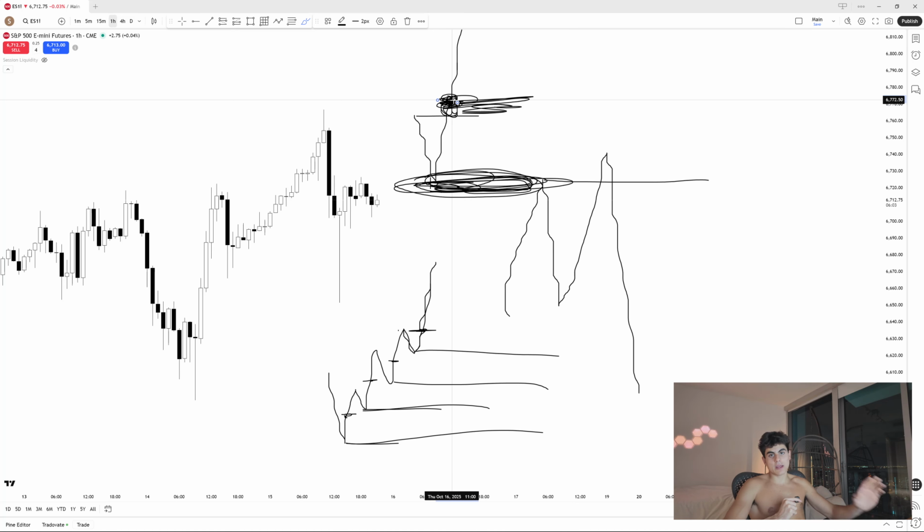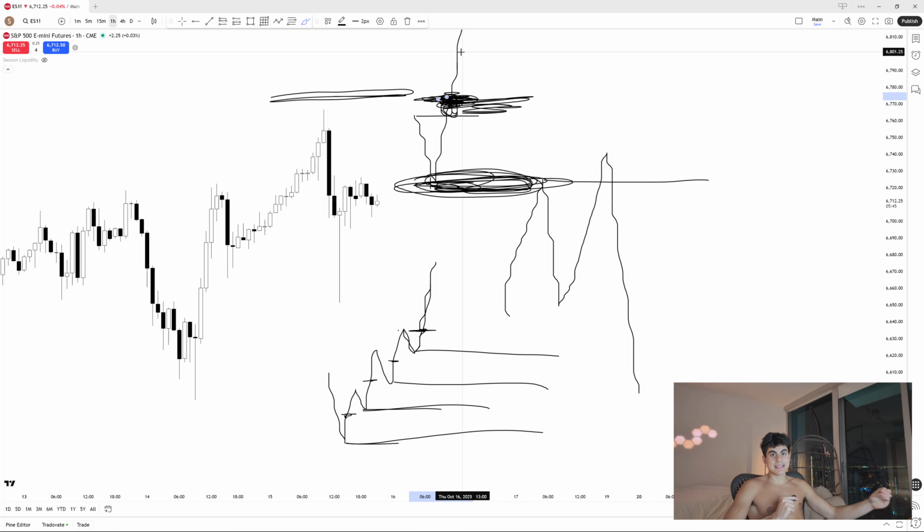In order for someone to buy, someone has to sell. So if they want to buy $1 billion here, someone or many people collectively have to be willing to sell $1 billion of their positions here. But here, no one wants to sell, because price is going up. Obviously, more people are going to buy.